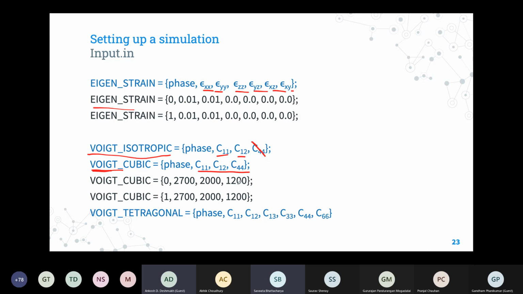However, 2C44 is 2400 by 700, which is something like 3.1 or so as the Zener anisotropy parameter. If you have tetragonal, you require C11, C12, C13, C33, C44, and C66, since it's a fourth rank tensor. So you require 6 independent elastic constants.